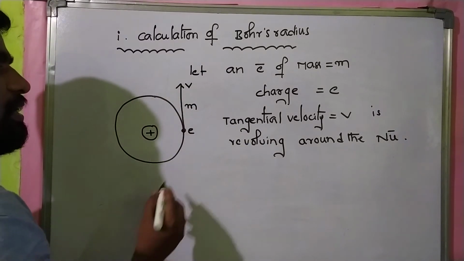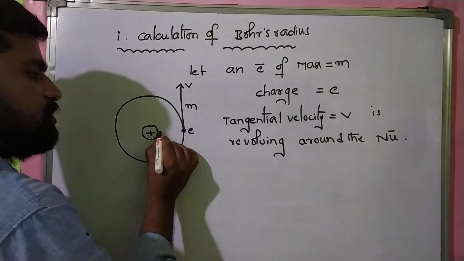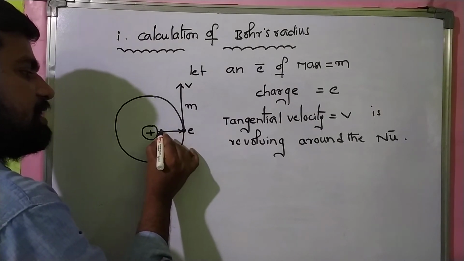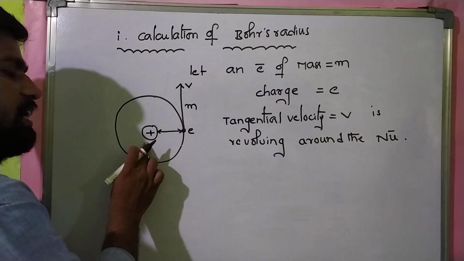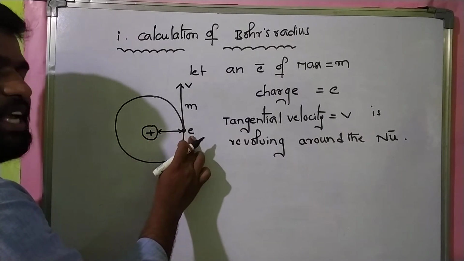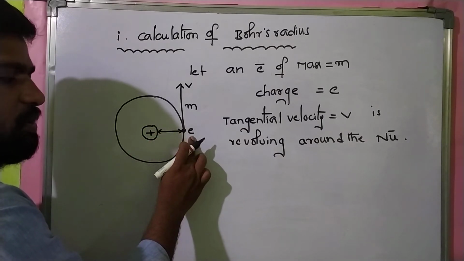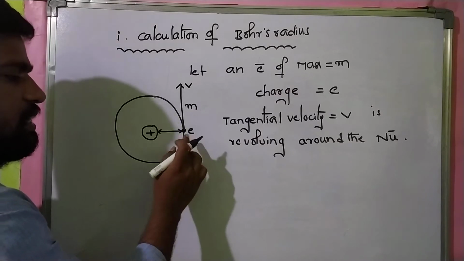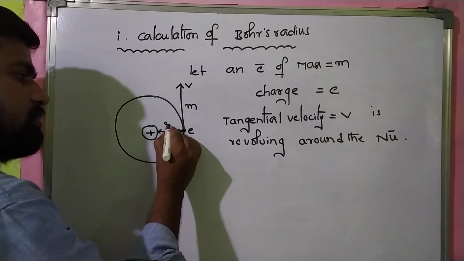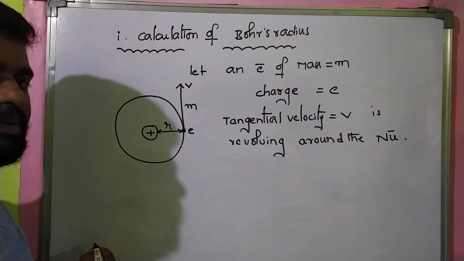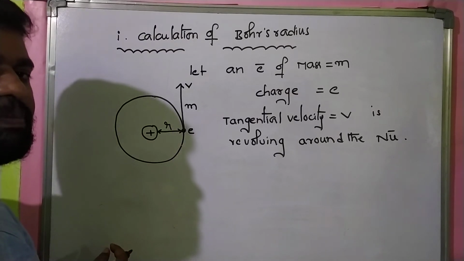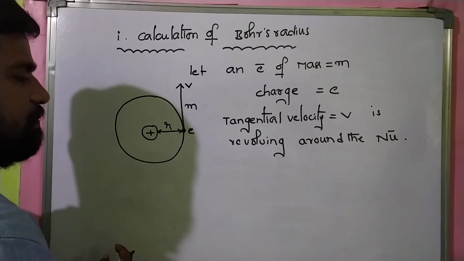Here the radius means the distance between the nucleus and the outermost electron. For hydrogen atom only one electron is present. So this is the radius of the hydrogen atom or hydrogen like species, means one electron species.